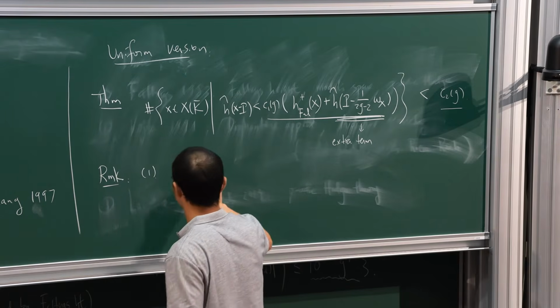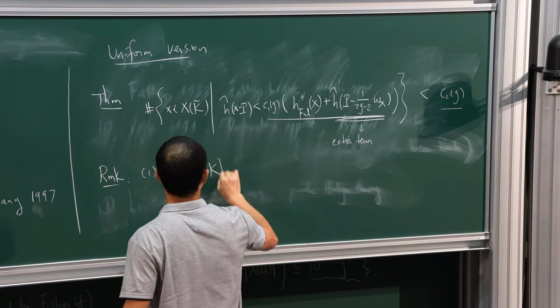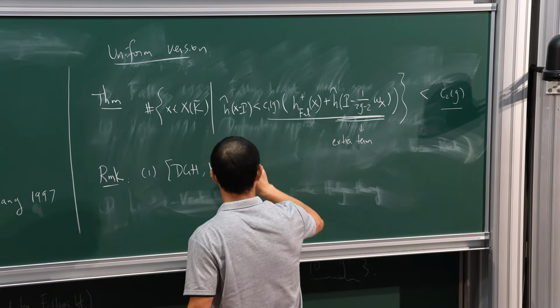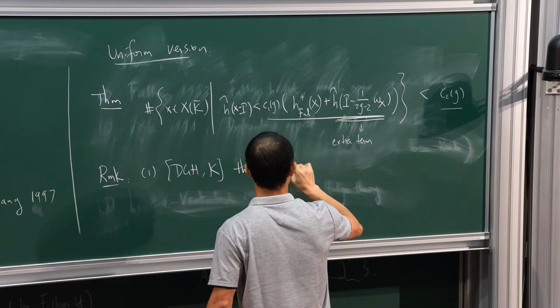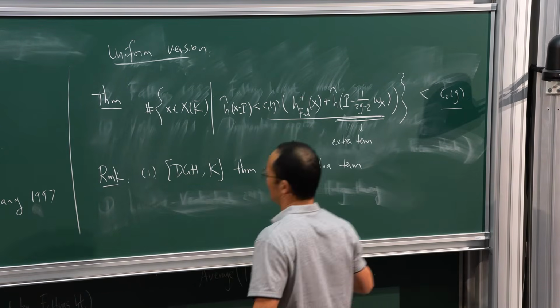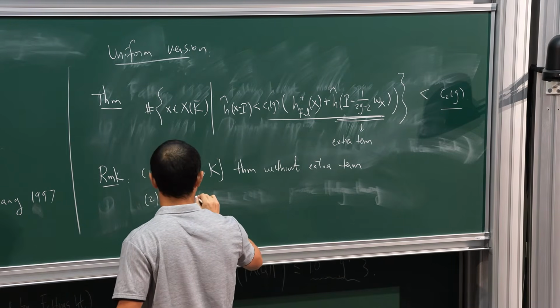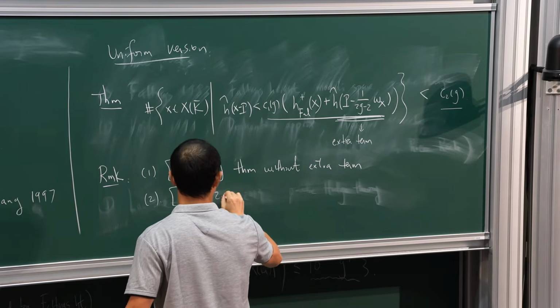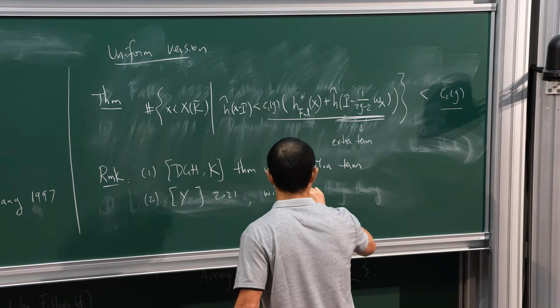So first DGH and Kühne together gave the original theorem without the extra term, and then me. That's also in the same year, with the extra term.